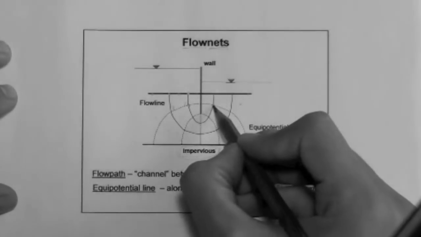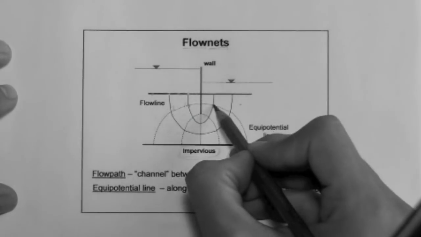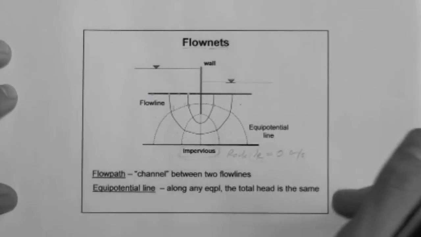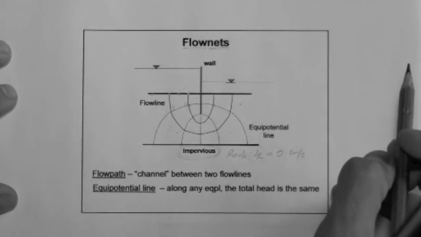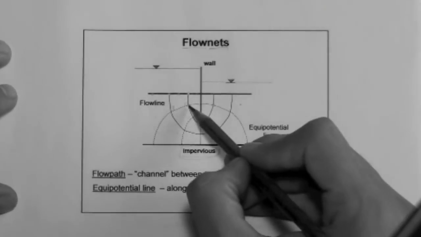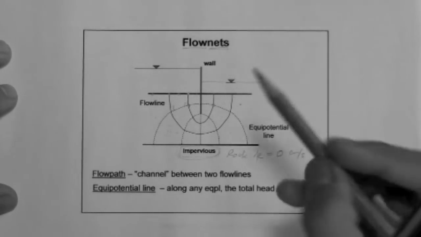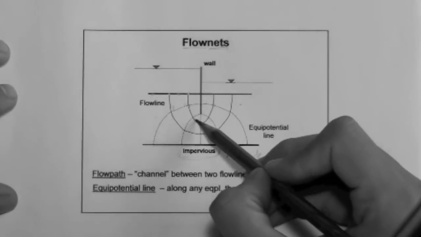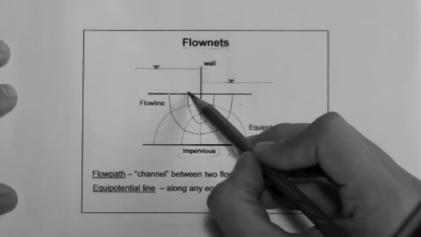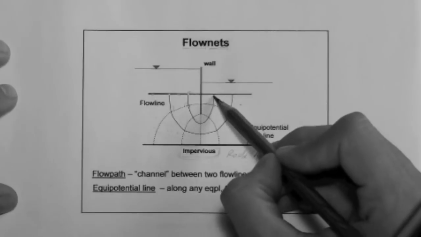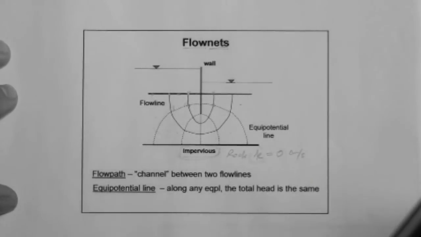Okay? If this point and this point have the same head, then what does that mean? That means that there is no flow between this point and this point. But clearly there is, because there is a flow line that crosses the 2 points. The water droplet goes from here all around all the way to here.